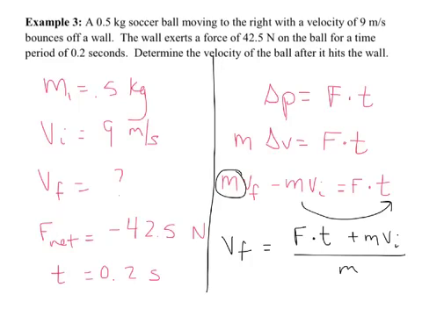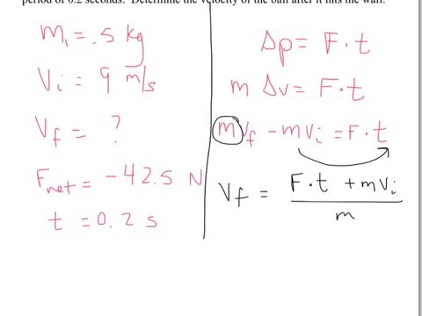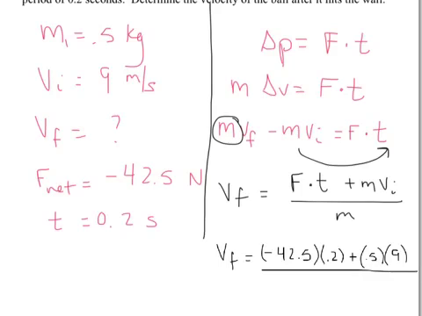It's our generic solution. What do we get for a number? Let's go ahead and plug in. What kind of an answer do you expect?